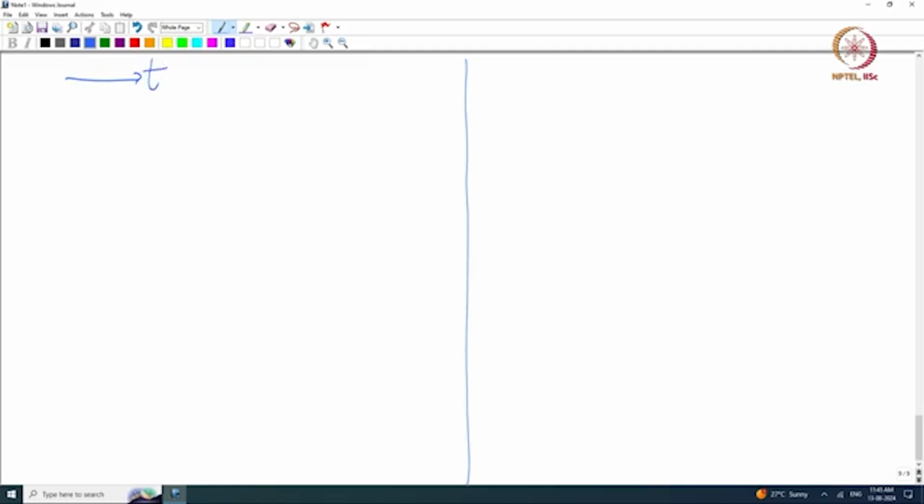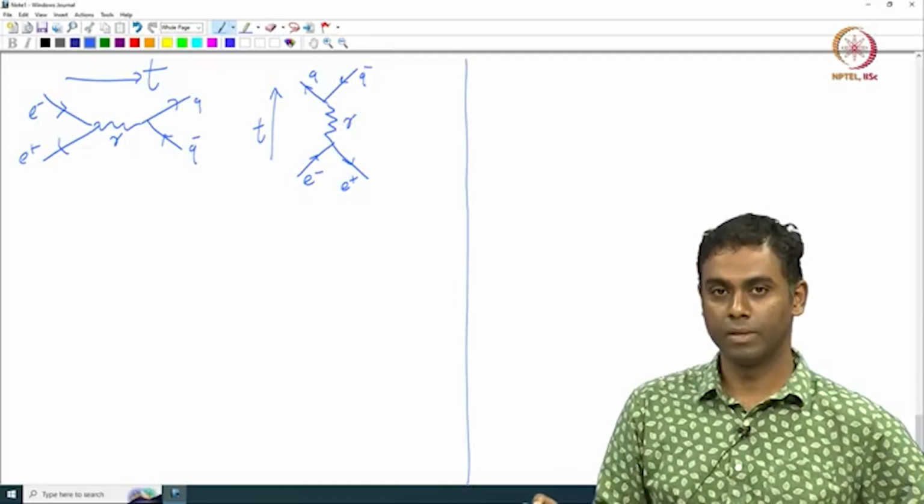We say that time goes from left to right, and then I have Q bar production, and I can either draw my Feynman diagram in this direction, or sometimes you can fix the time in the vertical direction. This is how you draw the Feynman diagram. These two are exactly equivalent.